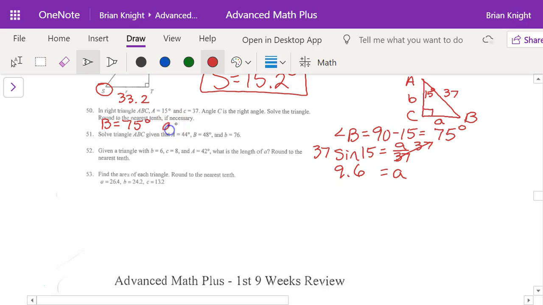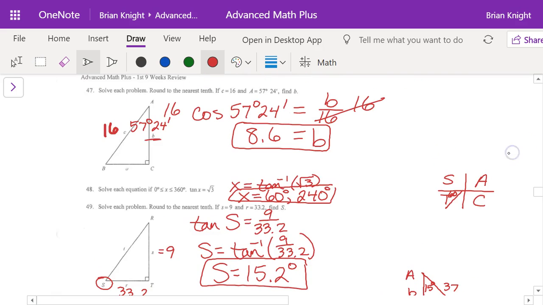Okay? Then we do the same thing to get B, only we're not going to use sine. We're going to use what? Because B is adjacent to 15, we will use cosine. But the way you work it is the same.